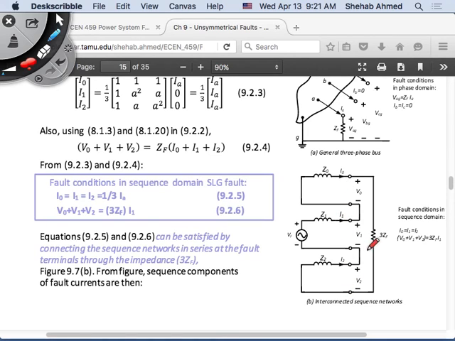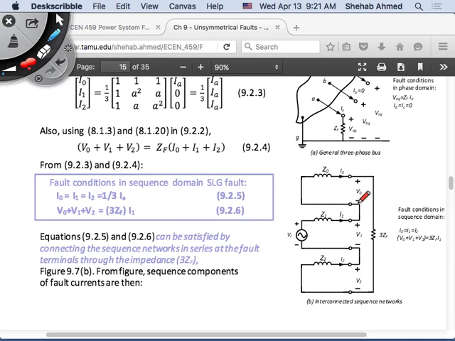Now you can solve. What's the current in this circuit? It's this voltage source divided by this impedance in series with this impedance in series with this impedance in series with this impedance. You've calculated I0, I1, and I2. What we need to come out of this is the sequence currents and sequence voltages, because then you convert them back to phase quantities. So you've calculated the sequence currents. How do you calculate the sequence voltages?